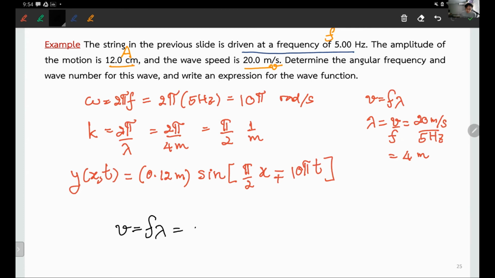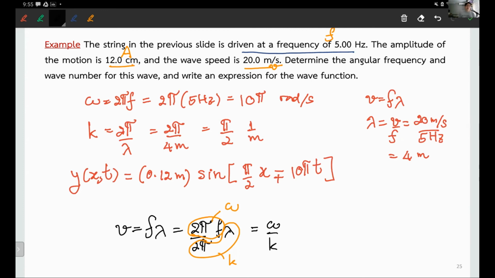I can multiply and divide this expression by 2 pi. Then you can see that 2 pi f is already omega, and 2 pi over lambda is your k down here. So it's the same thing as omega over k.